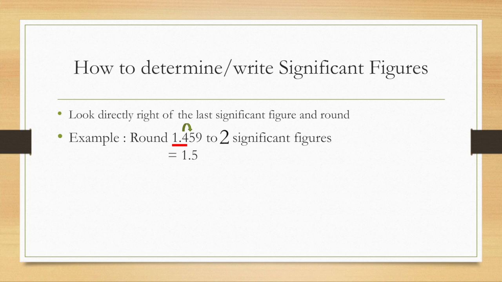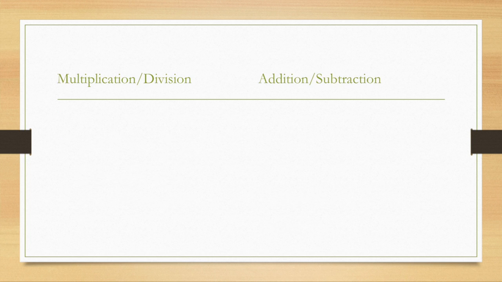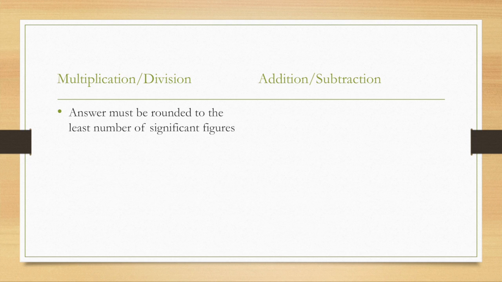When it comes to multiplication, division, and addition and subtraction, significant figures has its own set of rules. When we multiply or divide, our answer must be rounded to the least number of significant figures. For example, if you have this problem right here, 13.8 times 14.56, when you multiply both of those, you get 200.928.